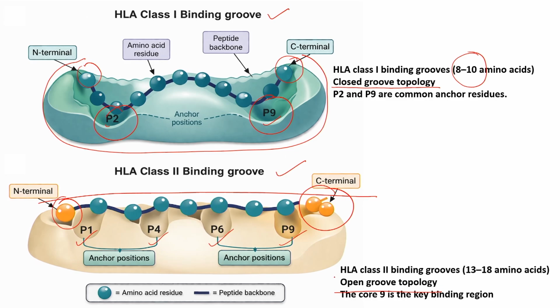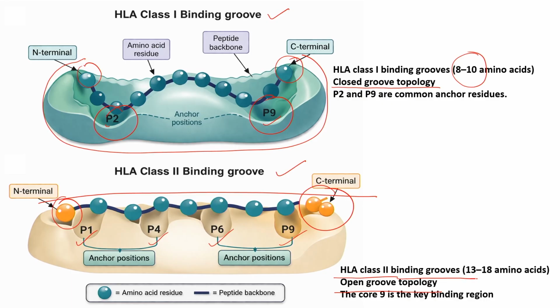We can see that MHC class 2 or HLA class 2, and MHC and HLA are the same in nomenclature, have big binding grooves, so they can give access to up to 20 or 18 amino acids in general.